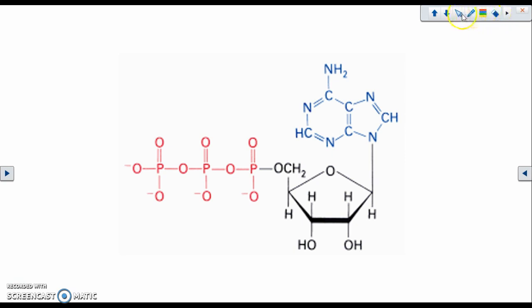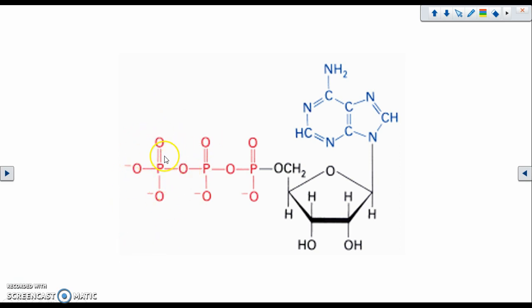The reason why this is very important, folks, is because if you look at this, clustered in this red region are 3 phosphate groups. If you look more closely, you can see that there are negative charges, right? So there is a big negative charge on this triphosphate group. Particles of similar charges do not like being close to each other, okay? 2 negative particles do not like being close to each other. 2 positive particles do not like being close to each other. So there is a lot of potential energy.